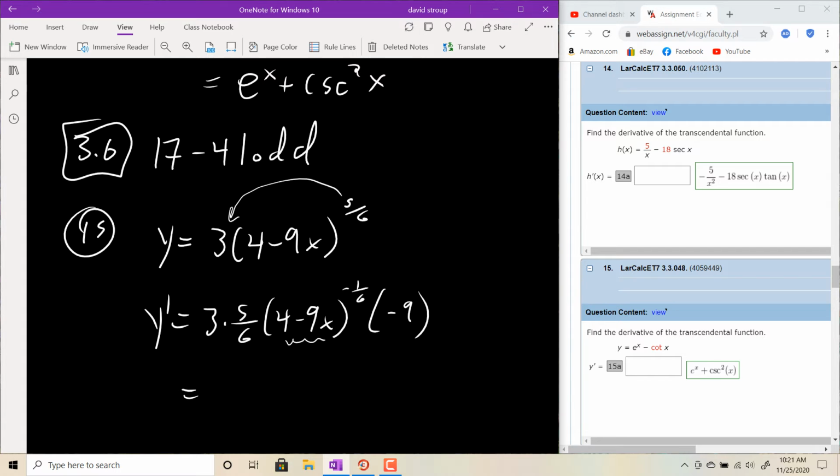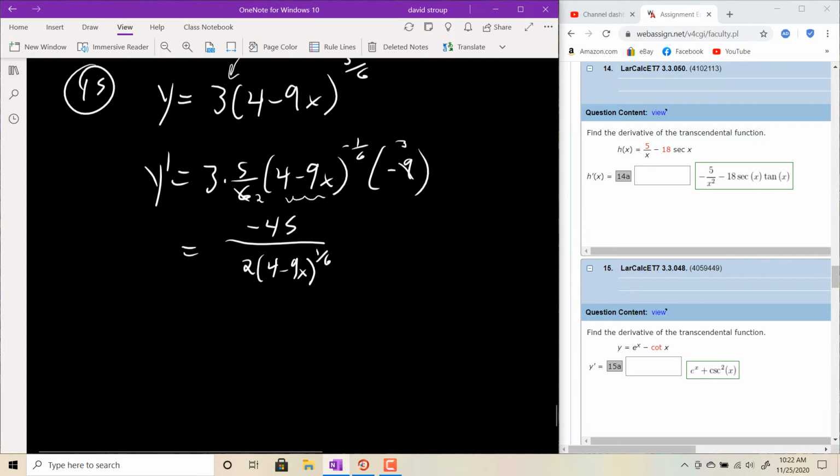Okay, so I have to do a bit of simplification here. This will be 2, 3, negative 9 times 5 is negative 45, all over 2 times 4 minus 9x to the 1/6. Okay. Let's look at another.